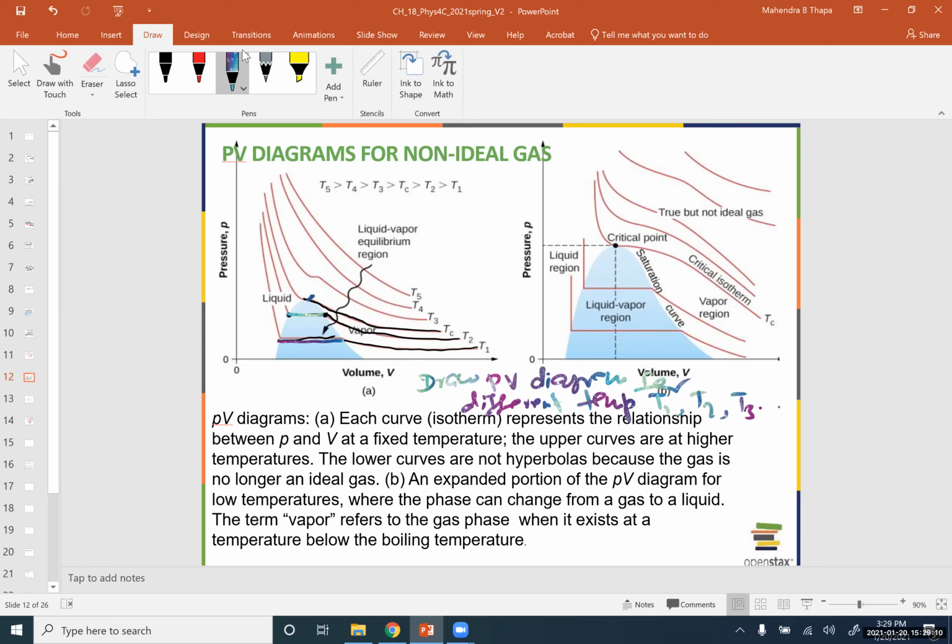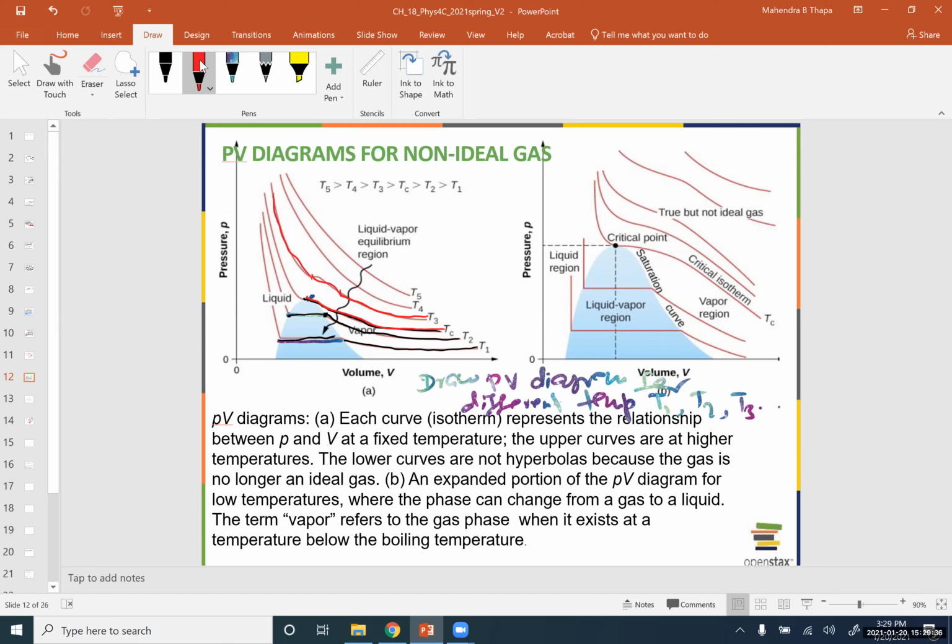You see that after a certain temperature, represented by Tc, what will happen? If you decrease the volume, say for example at temperature T4, it will not condense into liquid. It always stays in the gas phase.